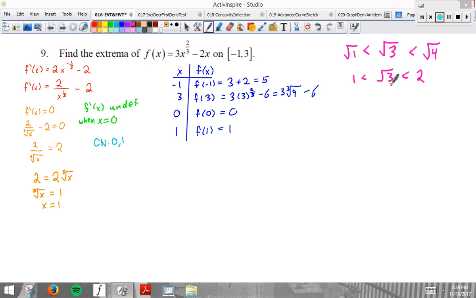So the square root of 3 is some decimal number between 1 and 2. In this situation, we're using cube roots though. So looking at the cube root of 9, I could say, well, what's a perfect cube that's slightly bigger than 9?